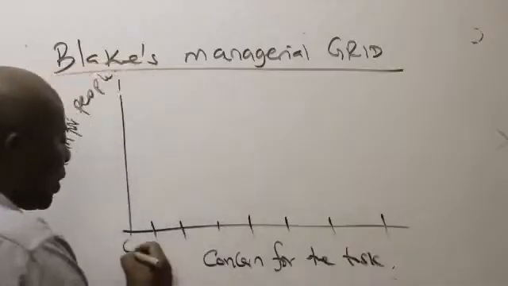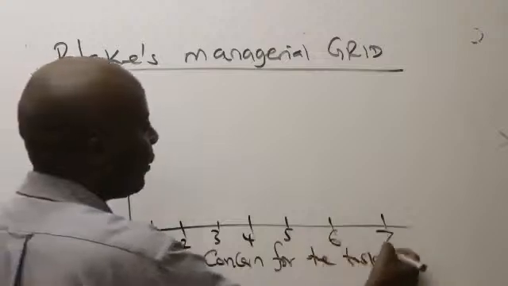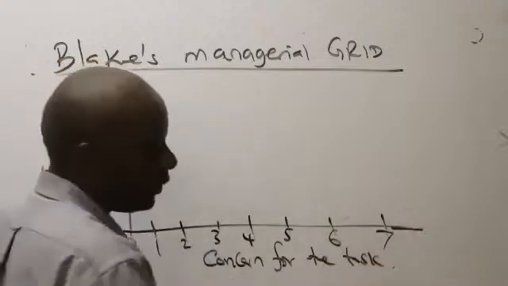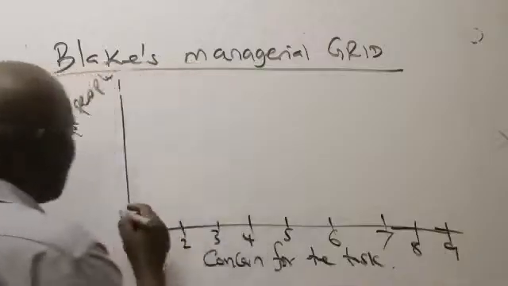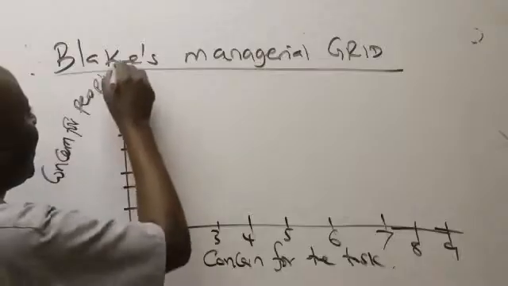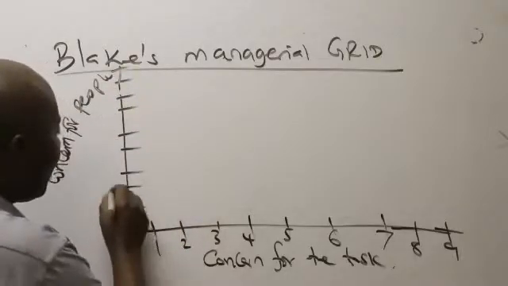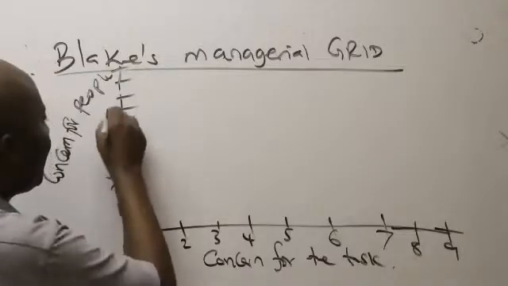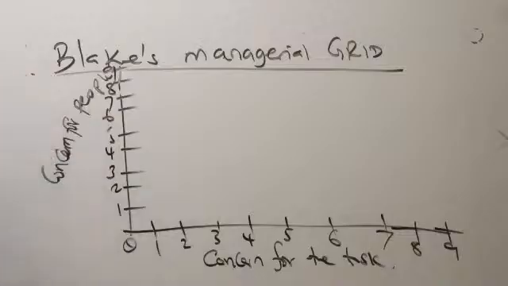So of course we have 0 there. 1, 2, 3, 4, 5, 6, 7, 8, 9, up to 9 or 10. Great.